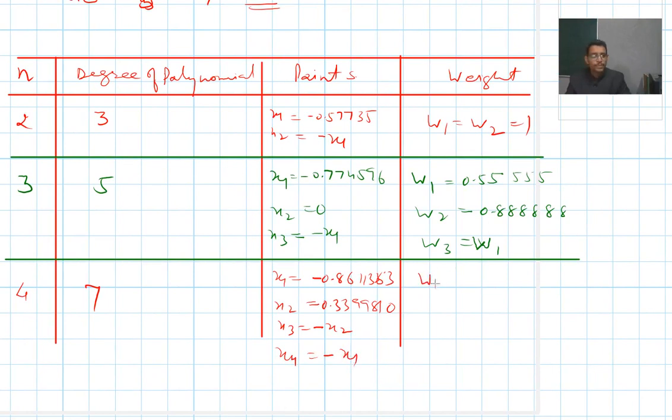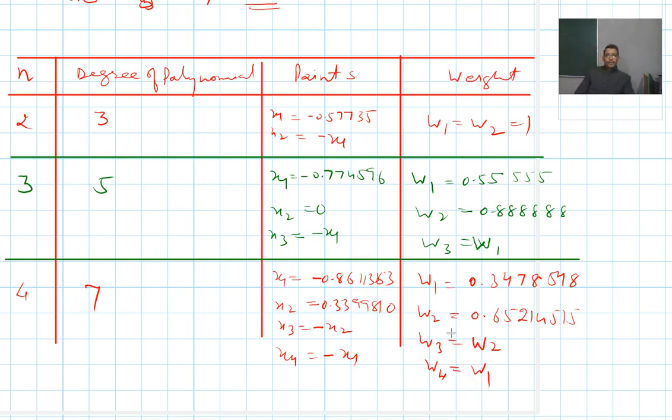The weights are w1, w2, w3 and w4, where w1 is equal to 0.3478548, w2 is 0.652141515, and w3 is equal to w2 and w4 is equal to w1.